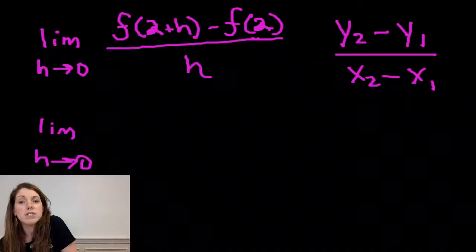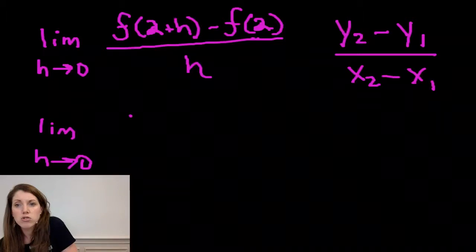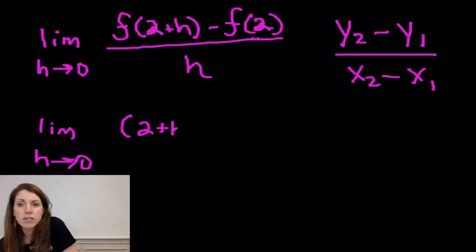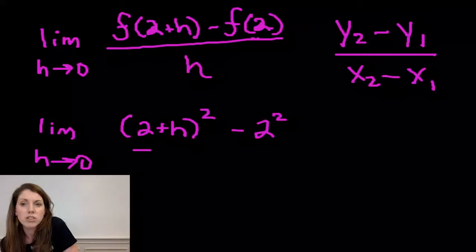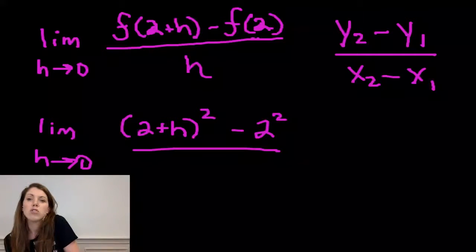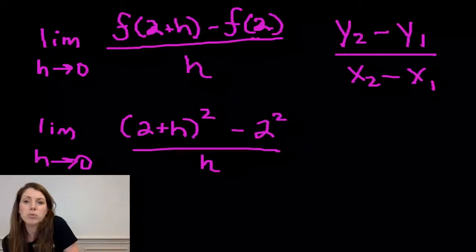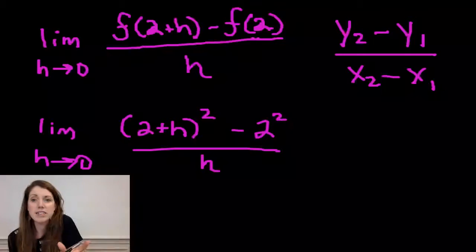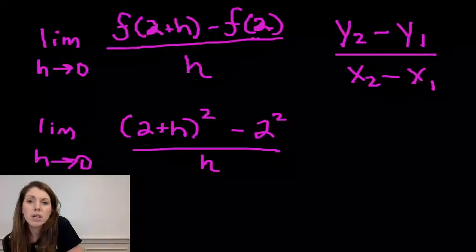So our function is x squared, so we're going to say 2 plus h squared, because our function is take the stuff and square it, minus, just take 2 and square it. So that's minus 2 squared, which is going to just be 4, right? So 2 plus h squared minus 2 squared all over h, which we can't change because h is what we're trying to make go to 0, making the distance between those points go to 0.